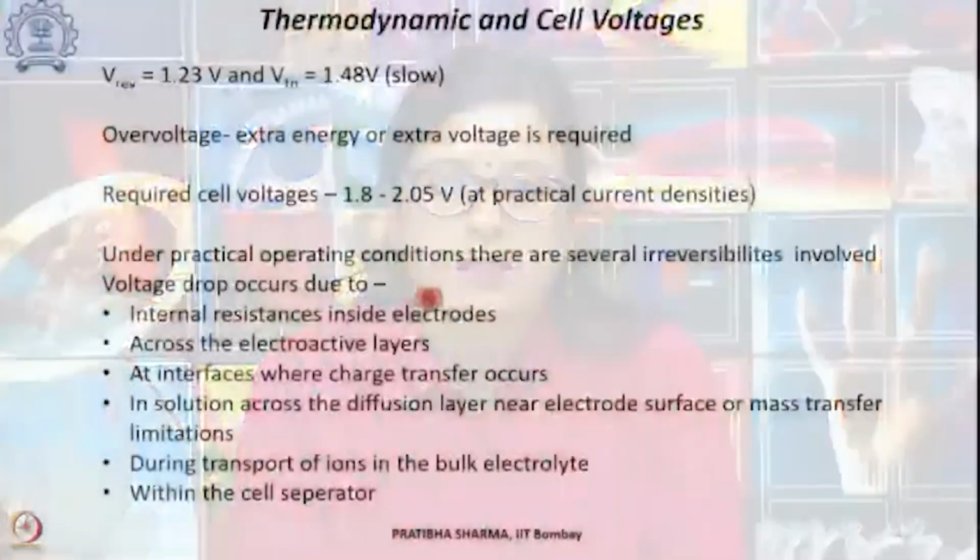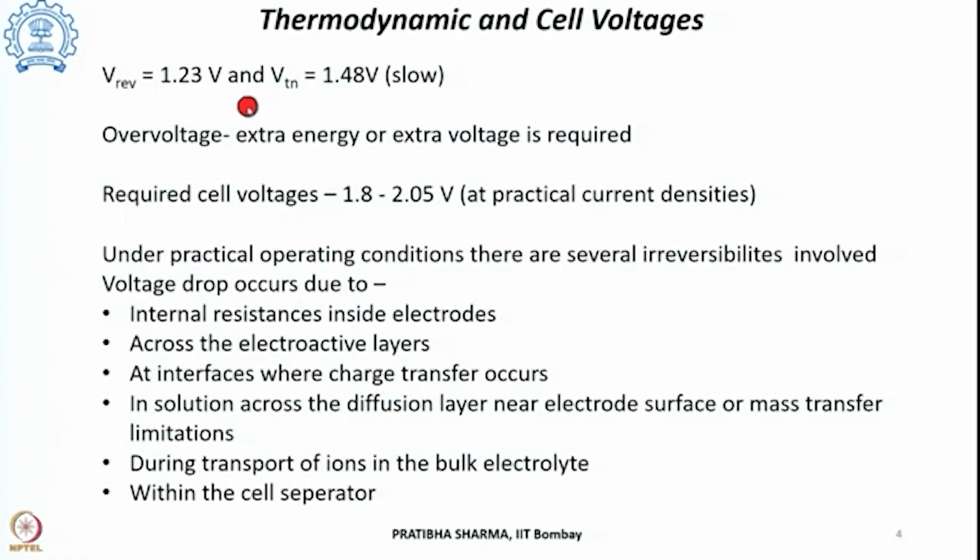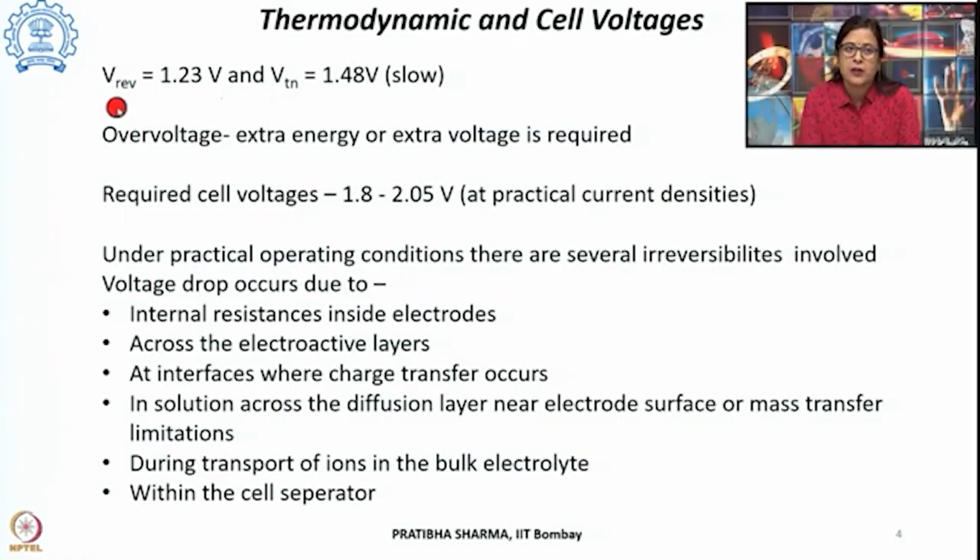Also we have seen in the last class that the minimum required voltage for the electrolysis to take place, which is V reversible, is 1.23 volt. At this voltage the various components of the reacting species are in the gaseous form, so water is present in the water vapor form.